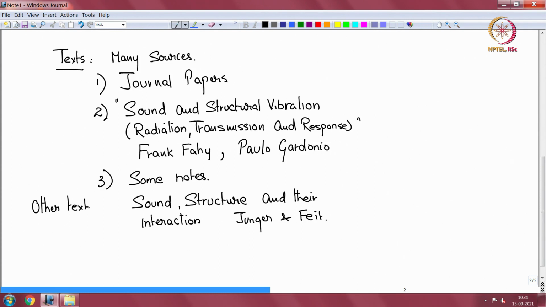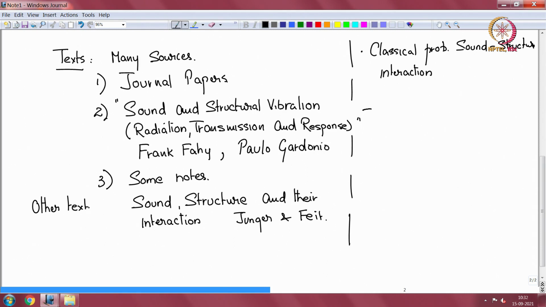Now just to give you a flavor of how I will proceed, I'll begin with what I call a classical problem in sound structure interaction, which is an infinite panel or infinite plate that is vibrating or carrying a wave as it is excited at one point by a line force.